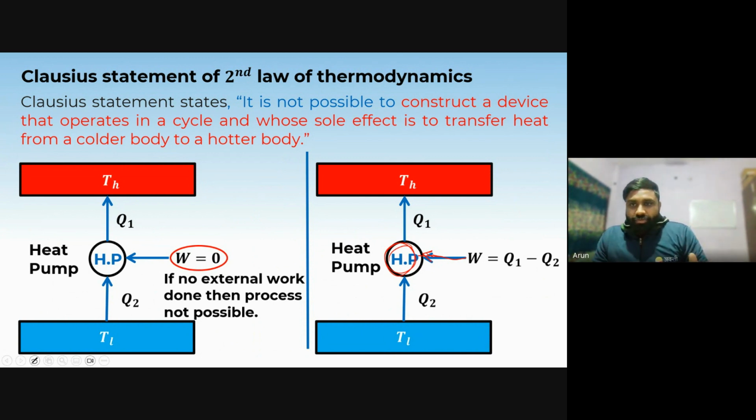And it happens for all phenomena. Like naturally, water will flow from higher altitude to lower altitude. Okay. But if you want to flow the water from lower altitude to higher altitude, can it be done automatically? Can water do it by itself? No. We have to do some work. In our household, we have tanks, or in your school, you will also have a water tank present on the roof.